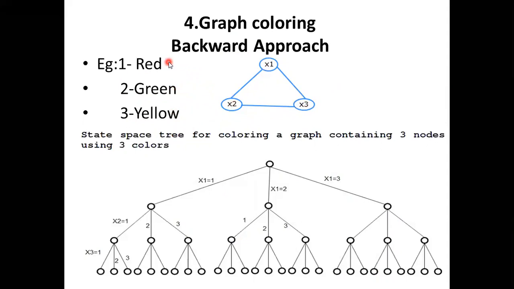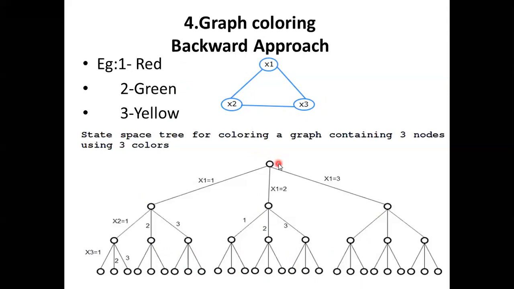Otherwise, another possibility: x1 using yellow, x2 using red, x3 using green. All of this I have to show using a state space tree. Now I will explain how to draw this state space tree.